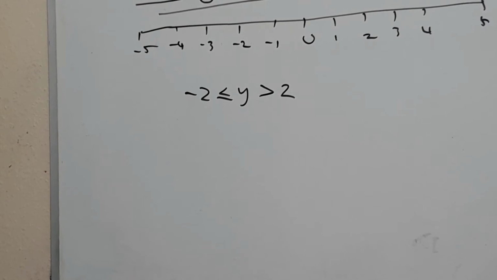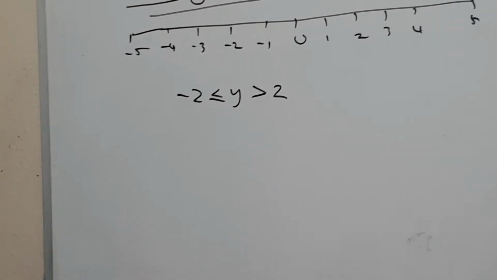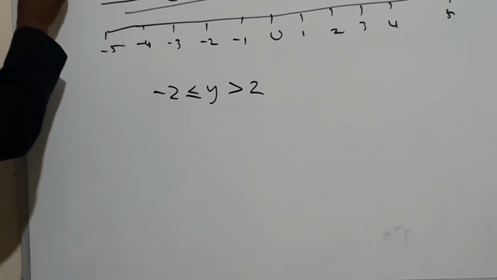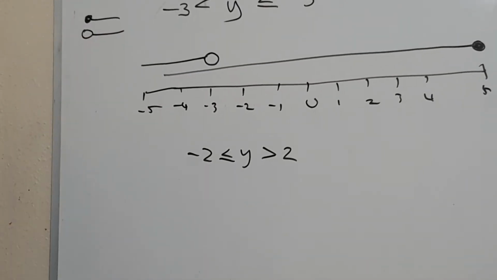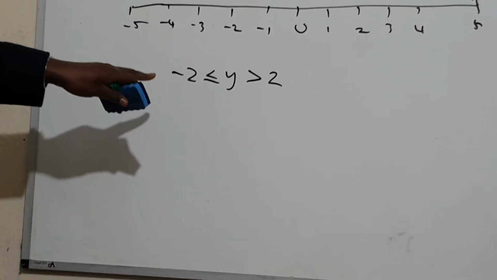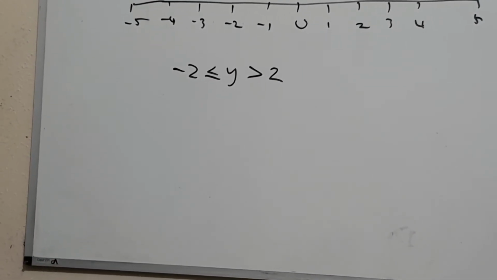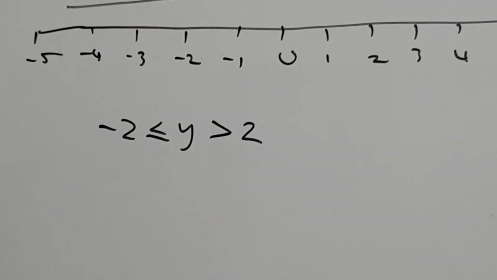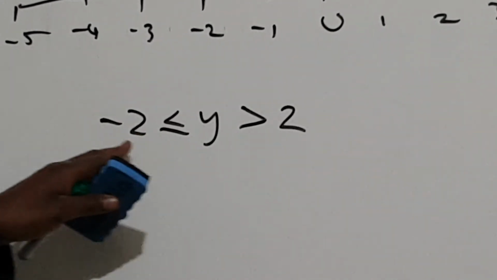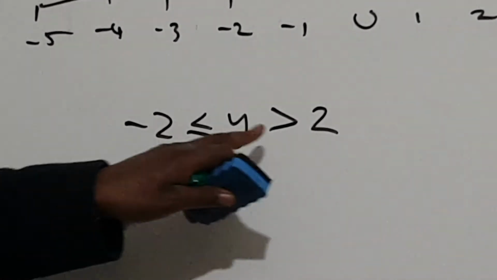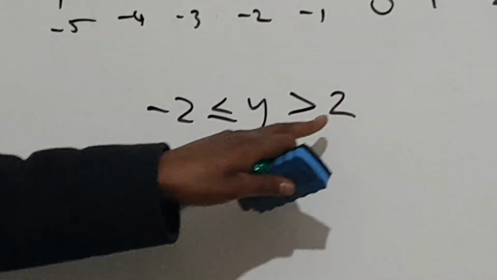Be careful of the language because that can determine whether it is going to be a shaded or non-shaded one. This means greater than or equal to, because the open side is pointing to y, so it means y is greater than or equal to minus 2. This one means y is greater than 2.